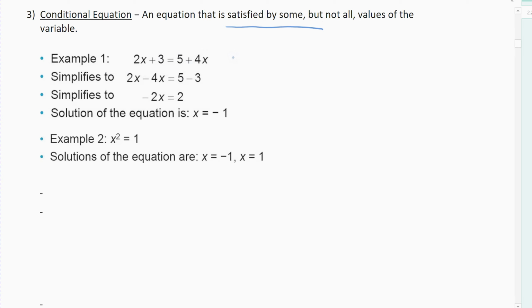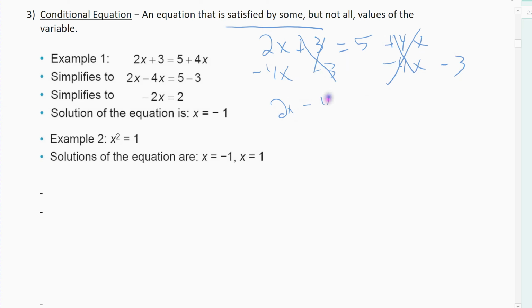But what I've done here, just so you can see the example, is we have 2x plus 3 equals 5 plus 4x. We subtract 4x to move over the 2x, and then the negative 3 over. So that 4x cancels out there, that 3 cancels out there, so I'm left with 2x minus 4x on that side, 5 minus 3 on that side, and then we combine like terms.